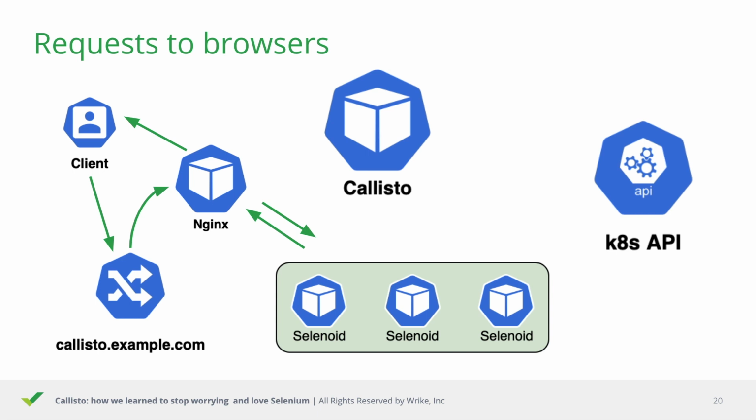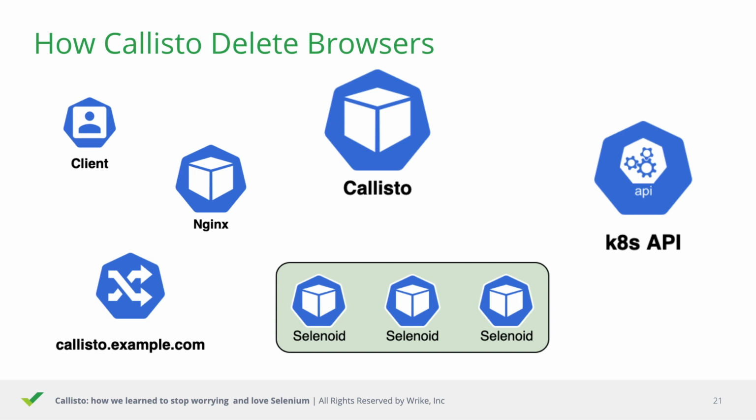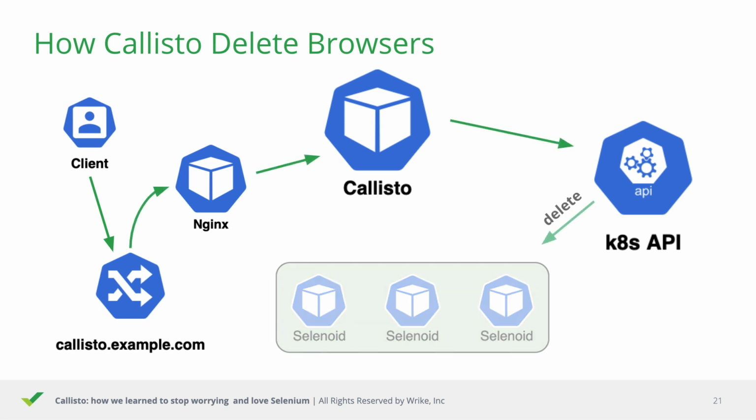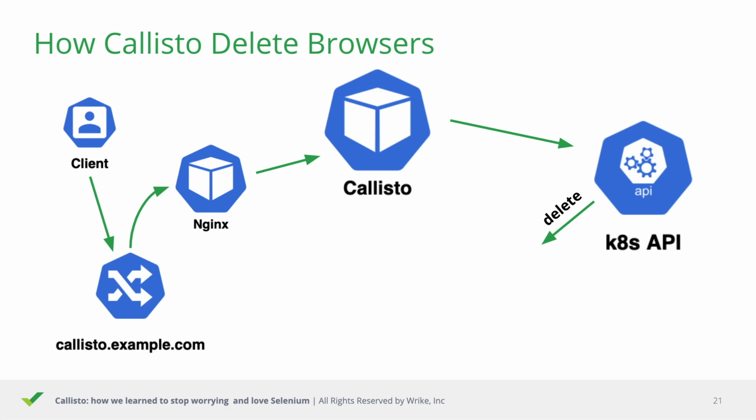So when the job is finally done, we need to clean up the mess, and we can do it the same way as we create the browser. Our client sends requests to the Callisto endpoint, we process it through our flow, and we use the Kubernetes API to delete our workload.